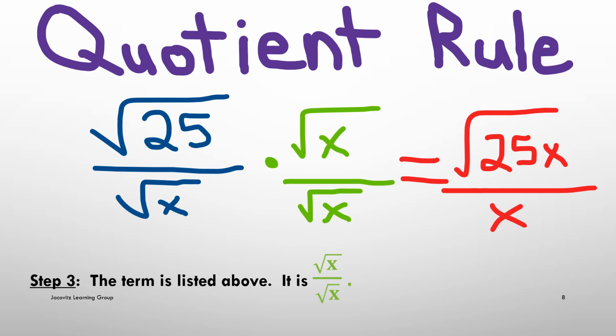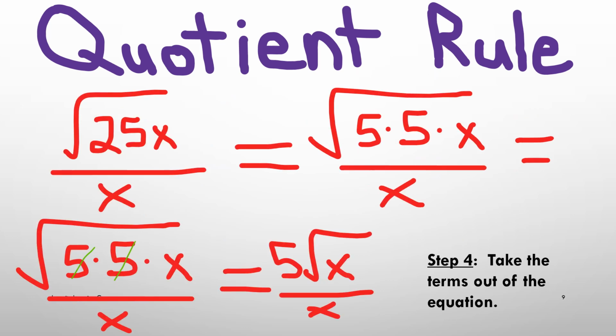So when you go across, 25 times x is going to give you 25x. Wow, that was badly drawn here. Then x times x is going to give you x. I'm going to go across here for this. So you have 25x over x. Are you done? Well, let's go on to the next slide.